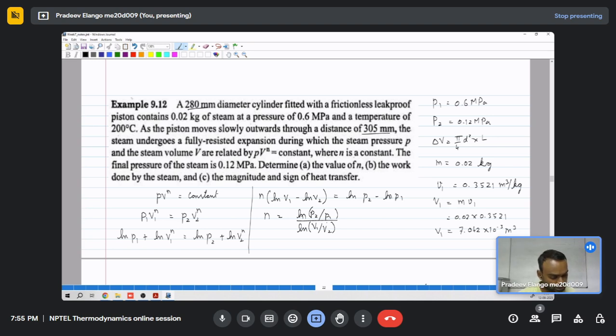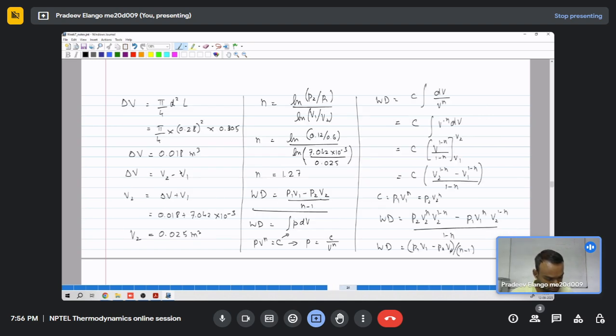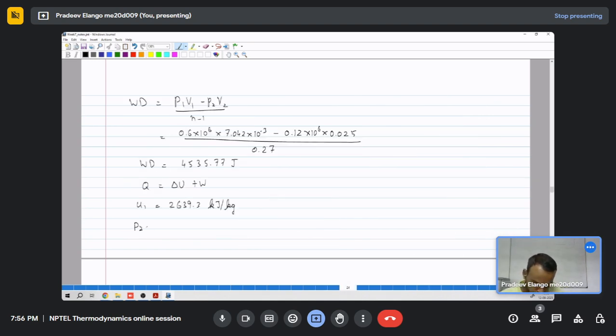So we know at state 2 we know only the volume and pressure for now, and using this we have to find the internal energy. The pressure 2 is 0.12 megapascal and volume 2 is 0.025 meter cube.